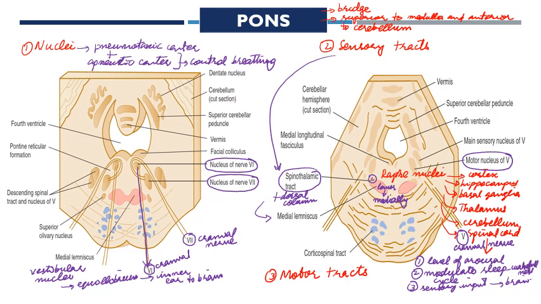Motor tracts include number 1 corticospinal tracts that arise from the cerebral cortex and pass to the spinal cord. In addition to corticospinal tract, the pontocerebellar fibers also arise from the pontine areas.